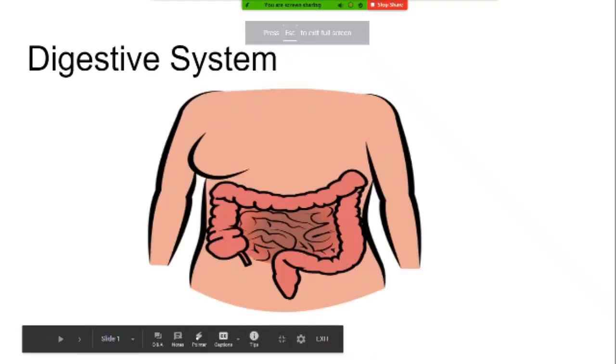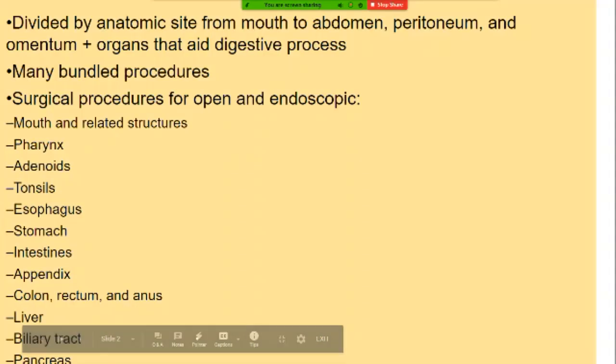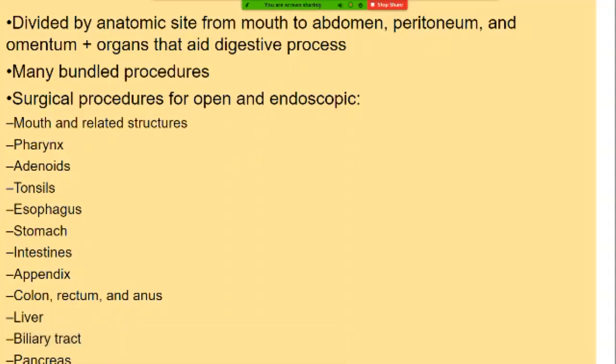So the digestive system. This is how the digestive system is divided up. It's divided by anatomic site from the mouth to the abdomen, peritoneum and the omentum, plus organs that aid the digestive process. There are many bundled procedures, and surgical procedures are open and endoscopic.